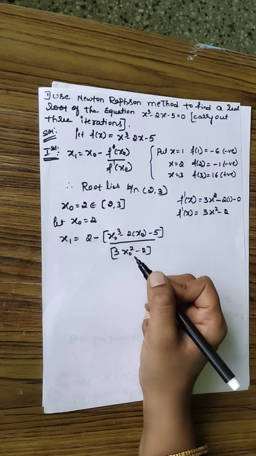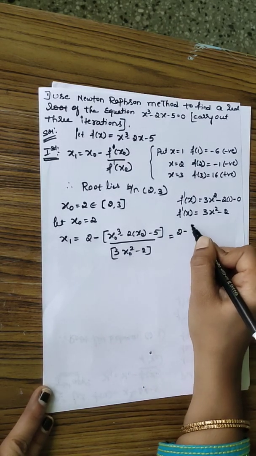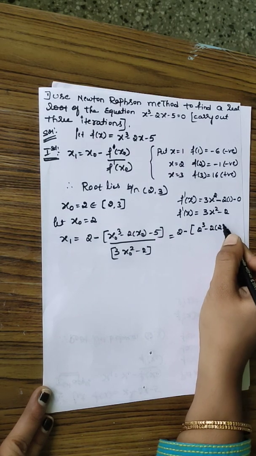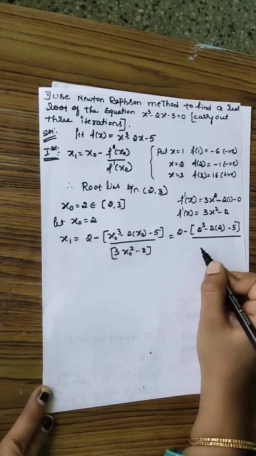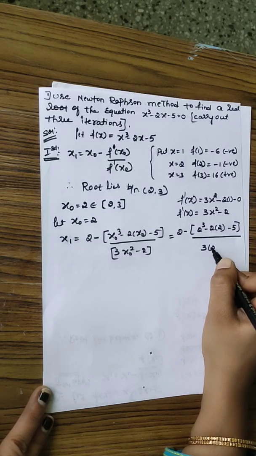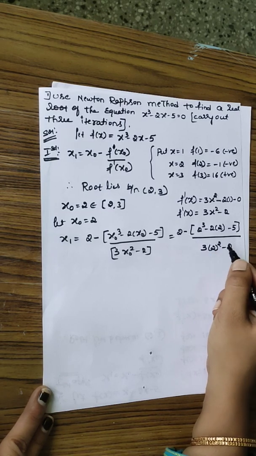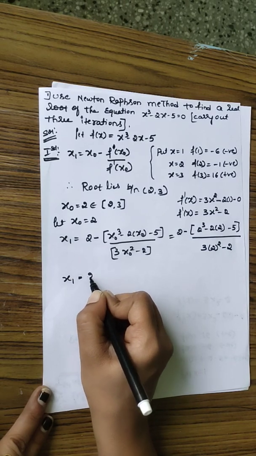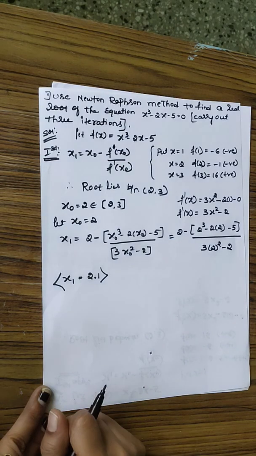Now substitute the value of x naught: 2 minus 2 cube minus 2 into 2 minus 5, whole divided by 3 into 2 square minus 2. Simplify this. After simplification we get x1 equal to 2.1. This is the first approximation value.